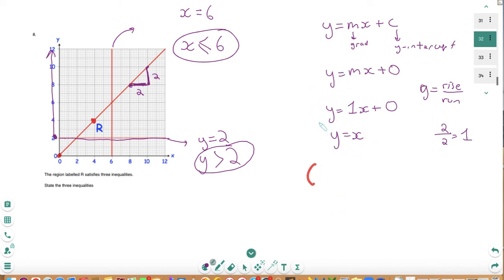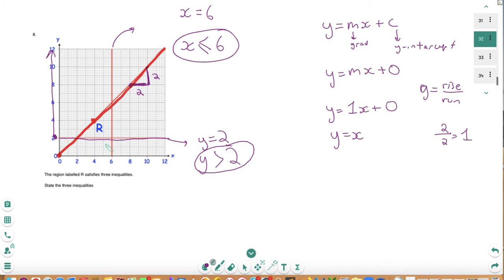Now, for this one, it's a little bit harder to figure out which way we should put our inequality sign. So what we do, guys, is this is our line we're discussing right now. And we know we want this side of the line because the region's there. So what you do is you choose a coordinate on the side of the line where your region is.